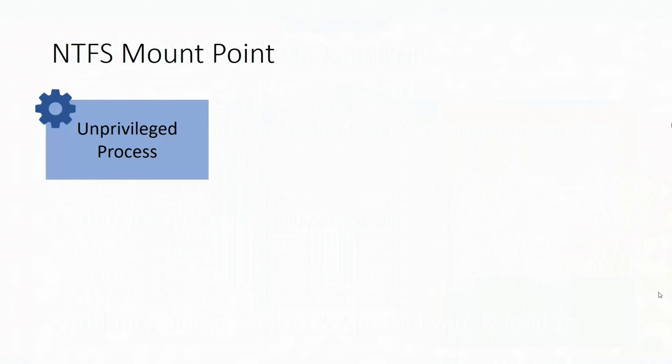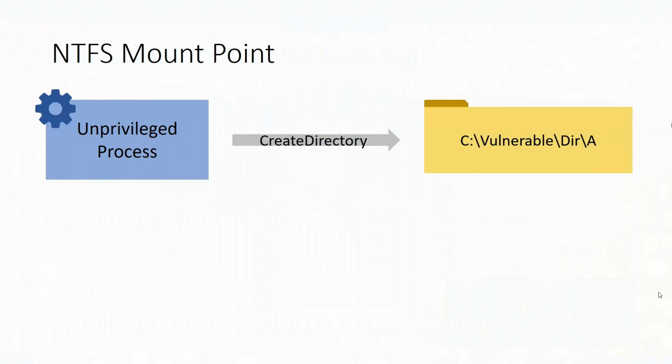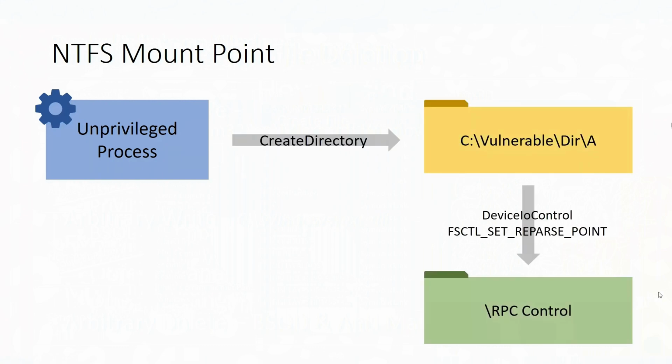The first thing we want to do is to create a mount point. We take advantage of the fact that the object manager has a bunch of object directories. Since there is an object directory, we have some permissions on it so that we can create new objects there as a regular user. We can create a mount point from the regular file system into the object directory called \RPC Control.